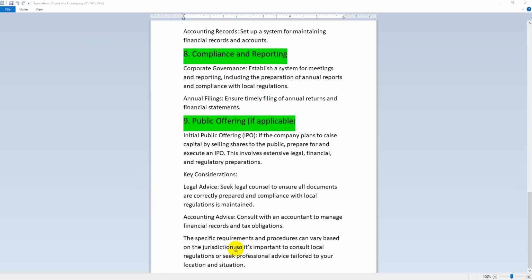The specific requirements and procedures can vary based on the jurisdiction, so it's important to consult local regulations or seek professional advice tailored to your location and situation.